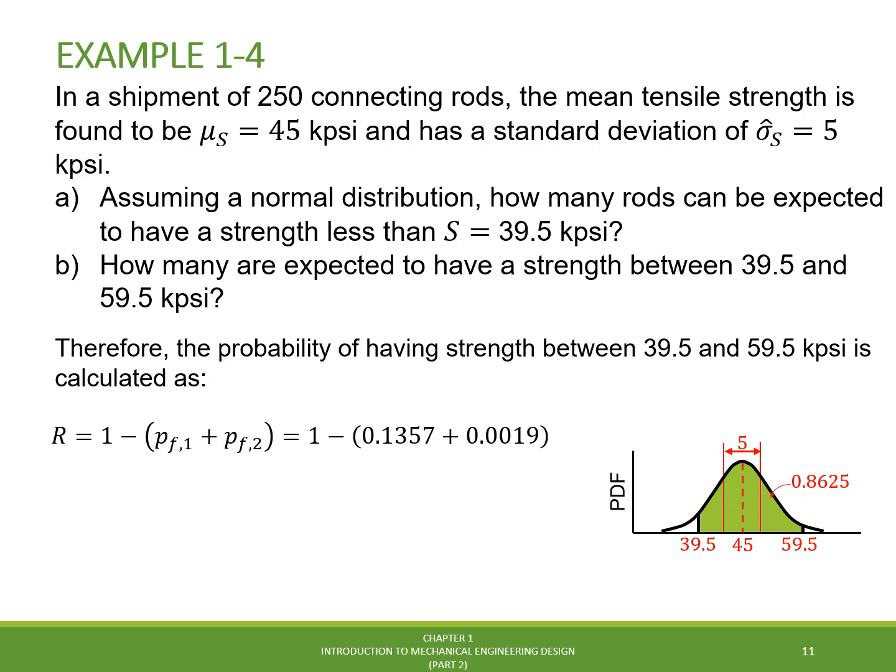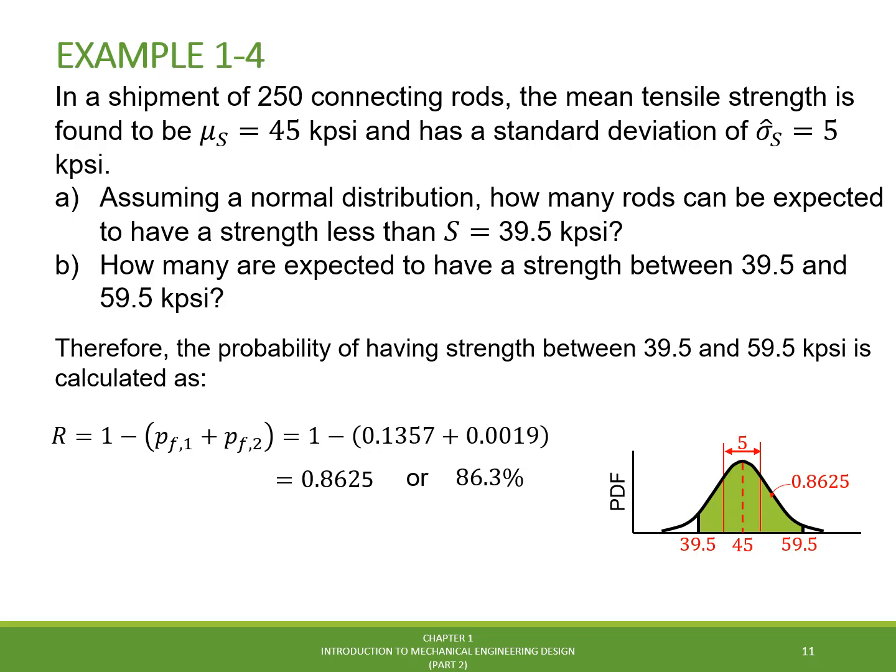I'm just putting this statement here. I've already calculated the two probabilities, and then I'll just do the math here, and I get that I expect that 86.3% of the rods will fall within the interval given in the problem statement.